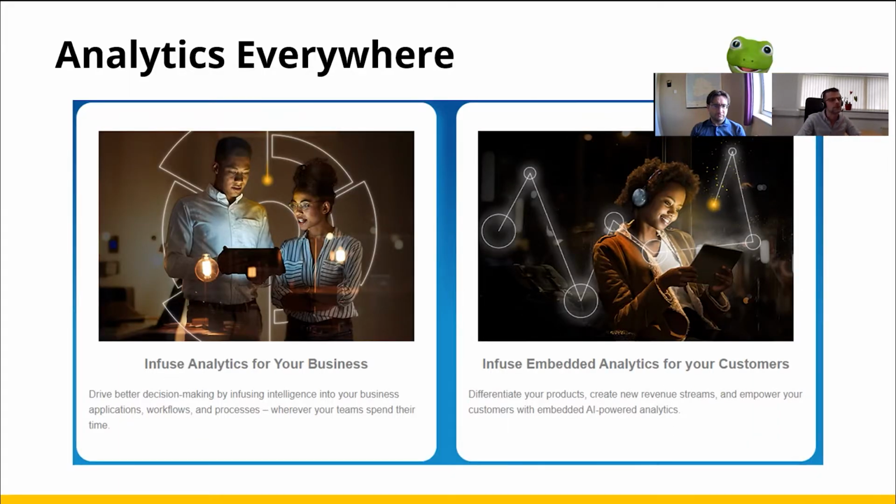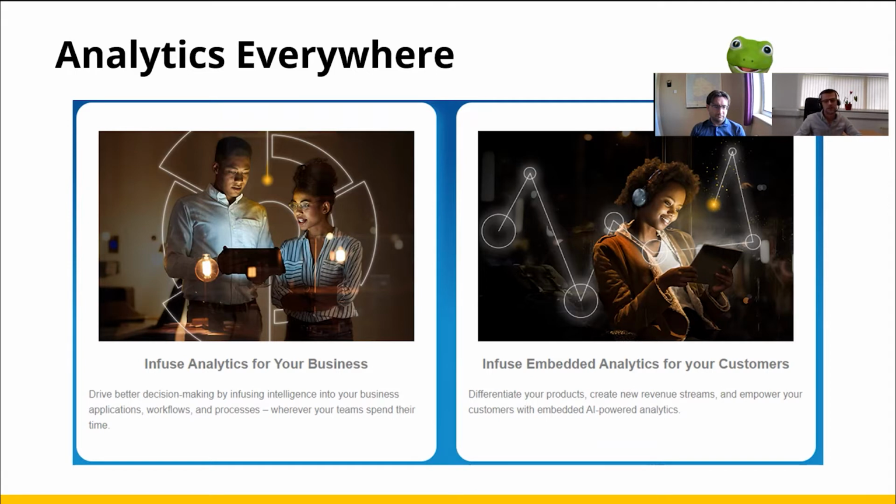And I touched on it there, but this is what we mean by infused and embedded. I just want to give a bit of clarity, because I know there's a lot of jargon out there. When we speak about infused data analytics, that's where you're driving better decisions internally by taking this data together and putting it into your workflows or your processes for internal users to consume. And when we speak about embedded, it's about taking that same information and embedding it into an existing application that you have, or on a website, or something that external people would be able to consume.